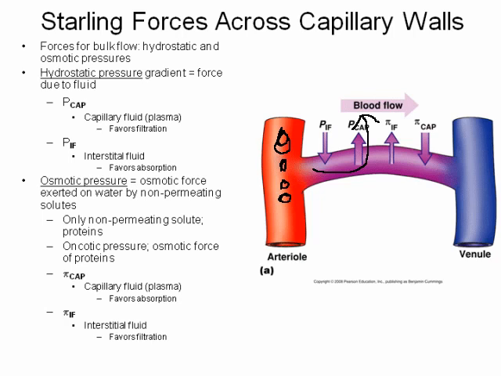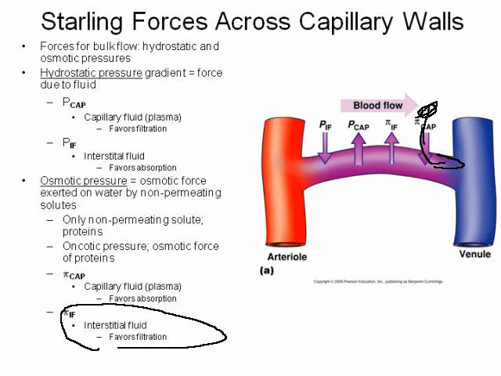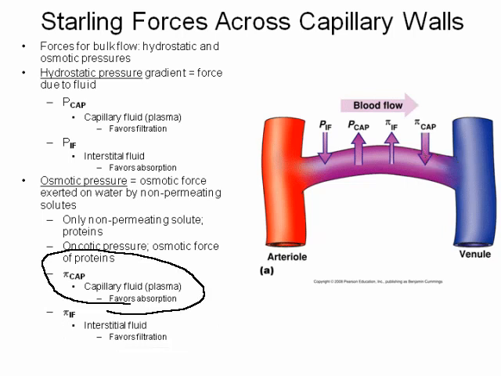As water starts leaving, you're actually going to build up the osmotic pressure within the capillary. Or as water gets absorbed from the interstitial fluid into the plasma, it's favoring absorption.